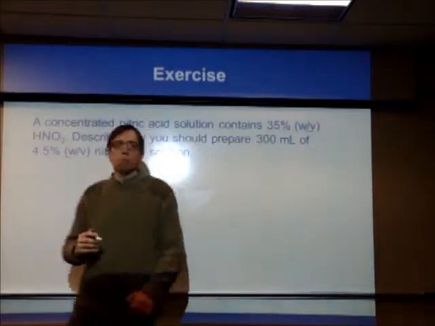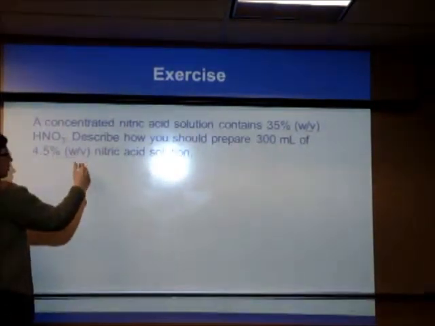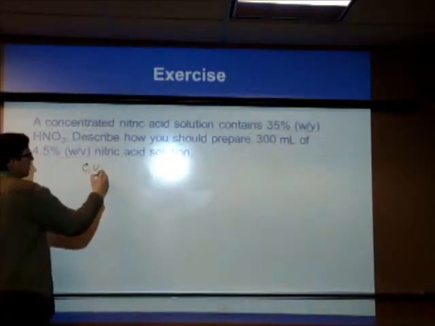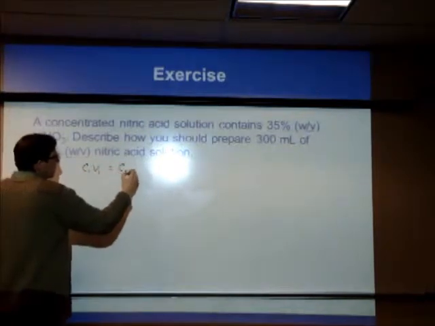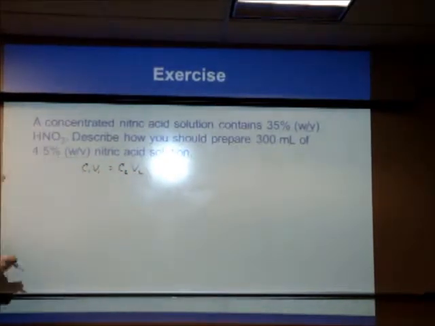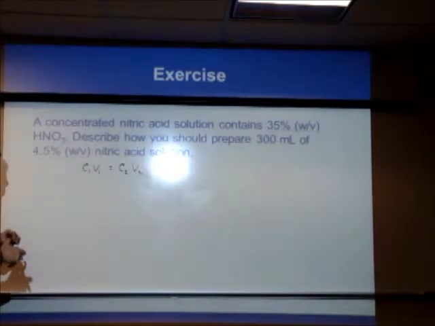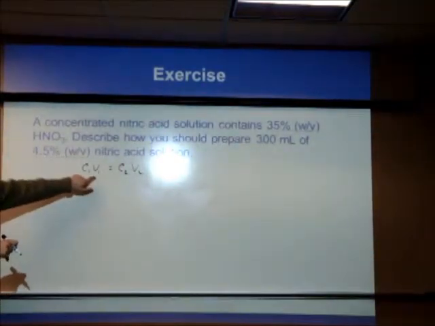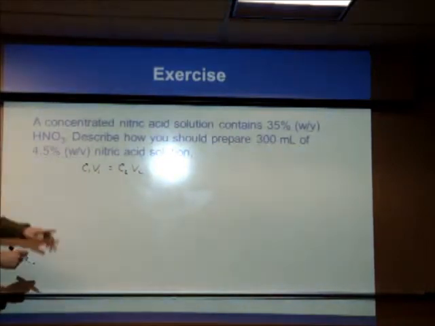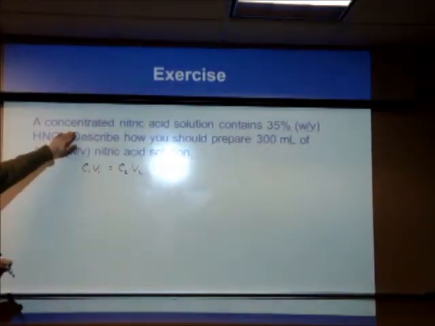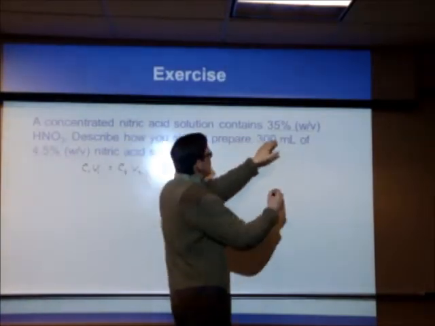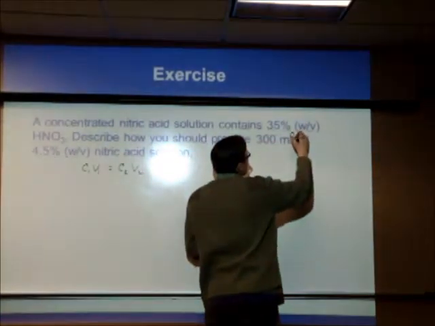So we have a dilution problem. Whenever you have a dilution problem, you should remember that you're going to use C1V1 equals C2V2. Now, part of the approach to doing these type problems, you have to link which one's C1 and which one's V1, which one's C2 and V2. A concentrated nitric acid solution, so I'm going to call this one here C1.